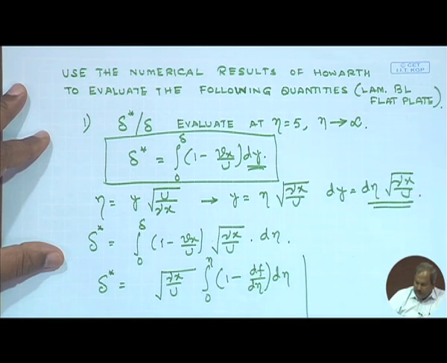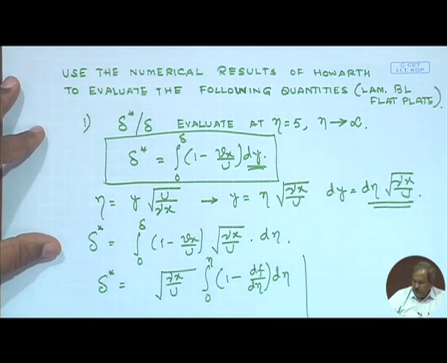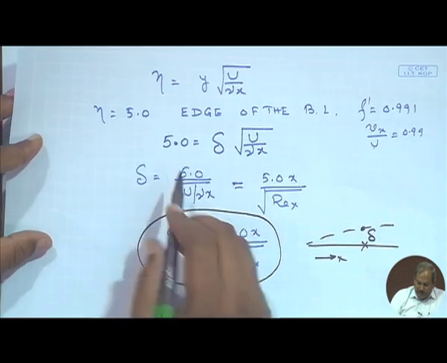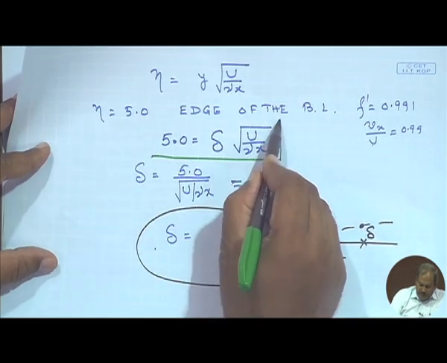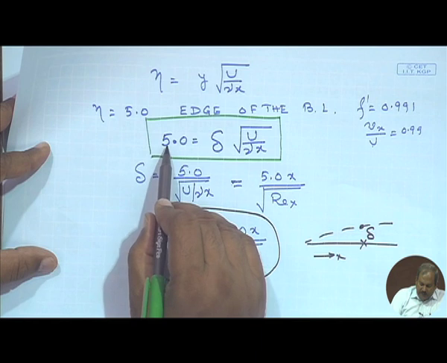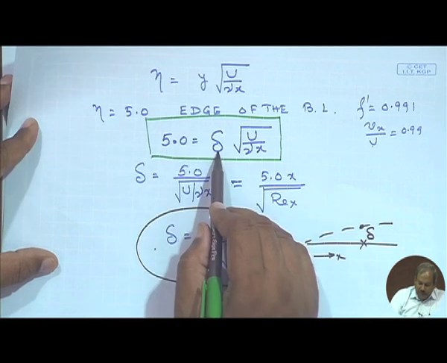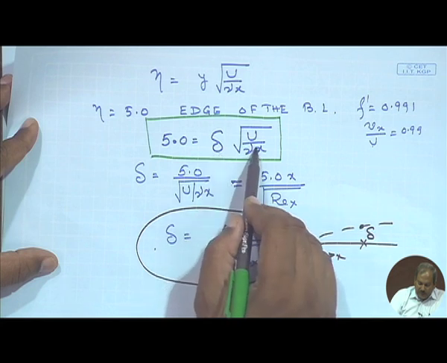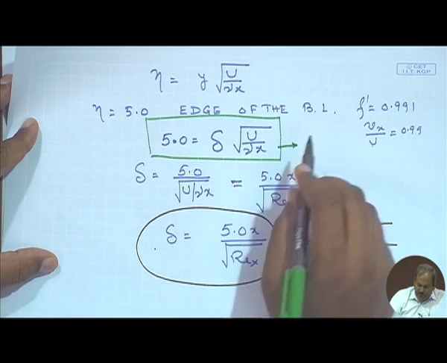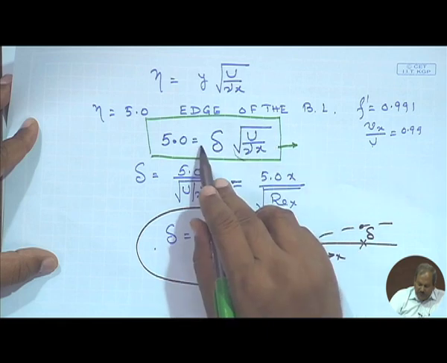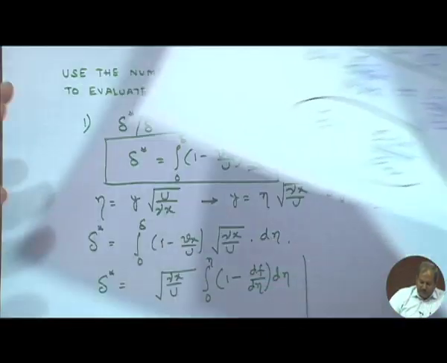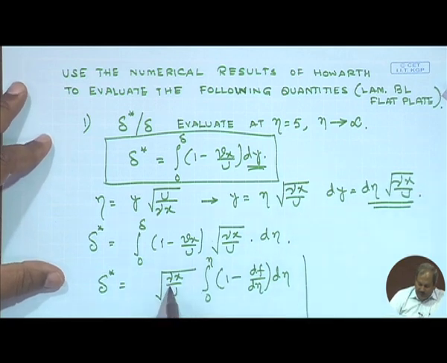We also understand that we have obtained a relation between these: for eta equal to 5, y would become equal to delta. So from here one can write that root nu x by u is simply going to be delta by 5.